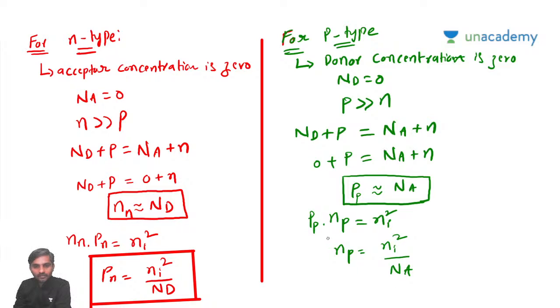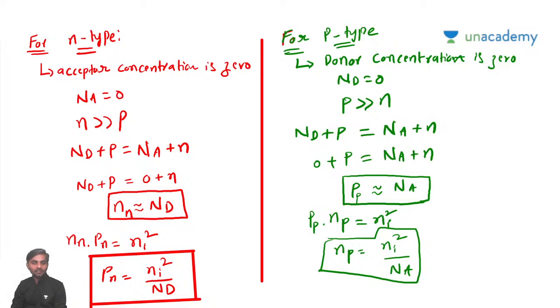This is a very important formula you should remember. These two formulas should be remembered for P-type and N-type. For N-type, Nn is equal to Nd, Pn is equal to Na square by Nd.